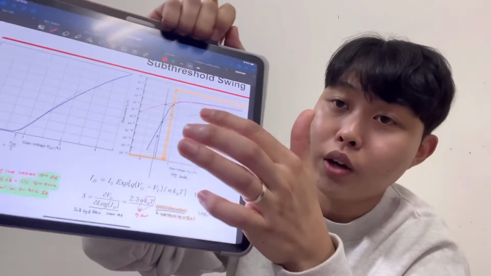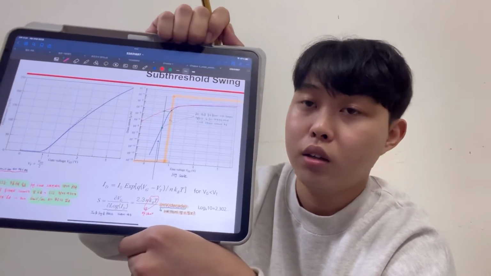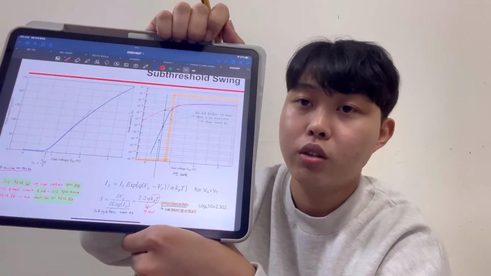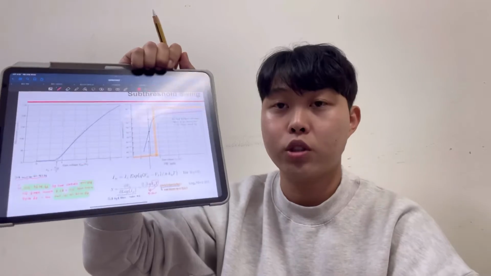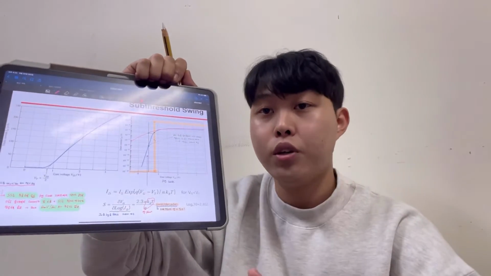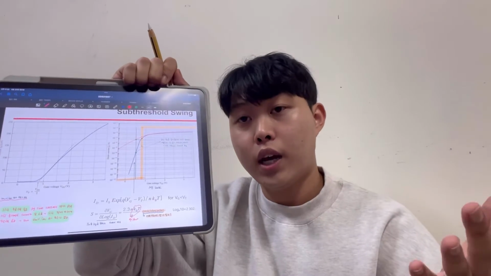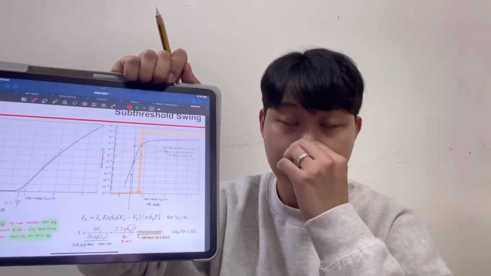As you can see in the graph, ∂Vg over ∂log ID means the opposite of the slope, which means 1 over the slope. So if the slope is steeper, the subthreshold swing SS is very small.